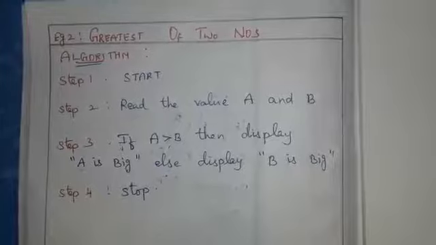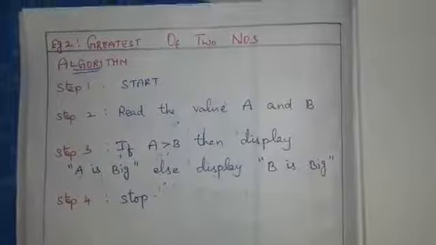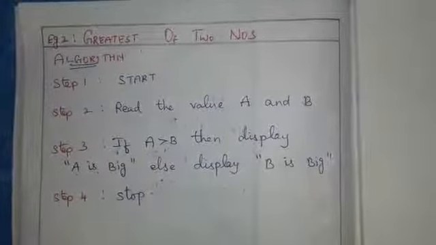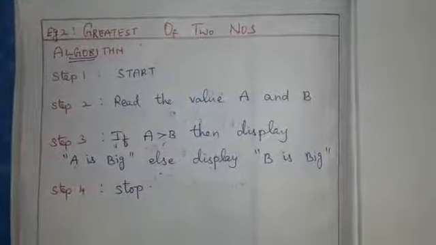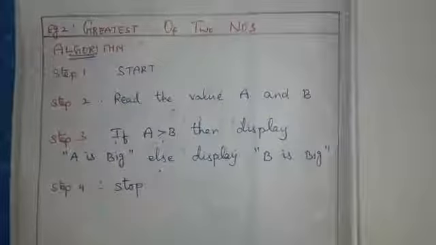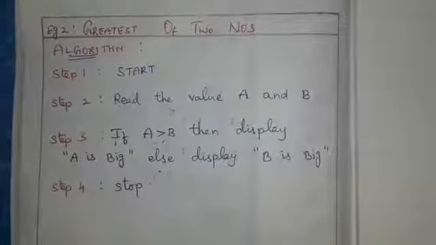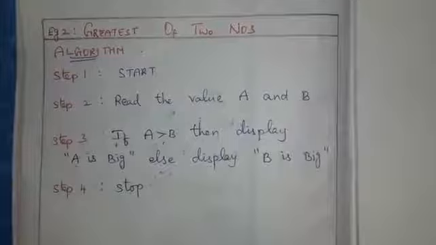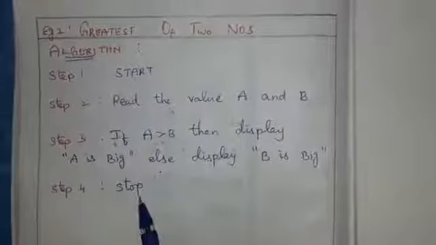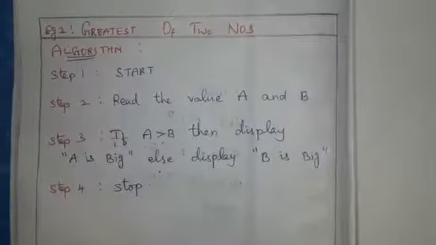Here we want to find the greatest of two numbers, so we need to use the if statement. If the condition is true, one answer will be printed, otherwise the else answer will be printed. That is the step we can see here. Then the last step will be stop.